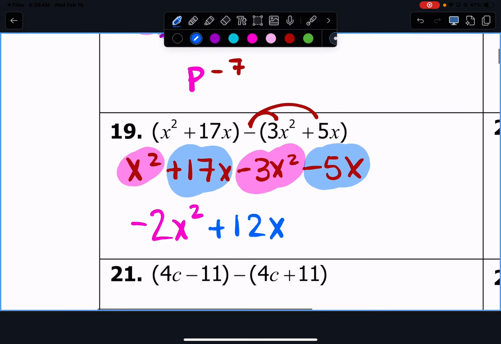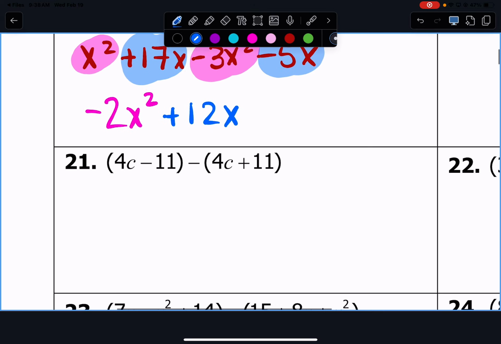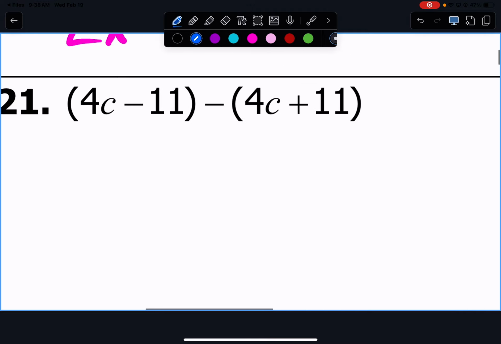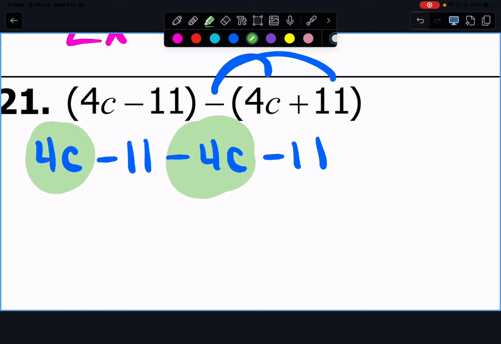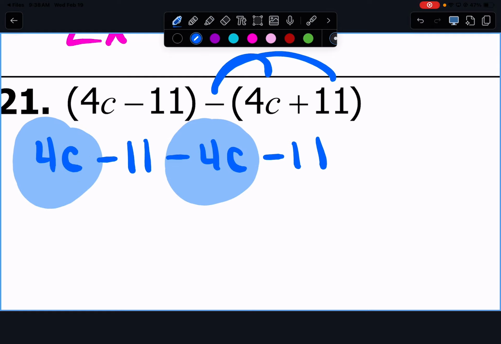And then we're going to do 21. So for 21, we are subtracting again. So make sure we distribute that. So we get 4c minus 11 minus 4c minus 11. What cancels? Yeah, 4c and negative 4c. Those two cancel out.